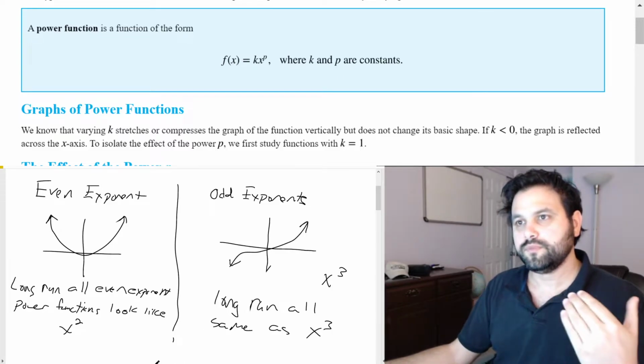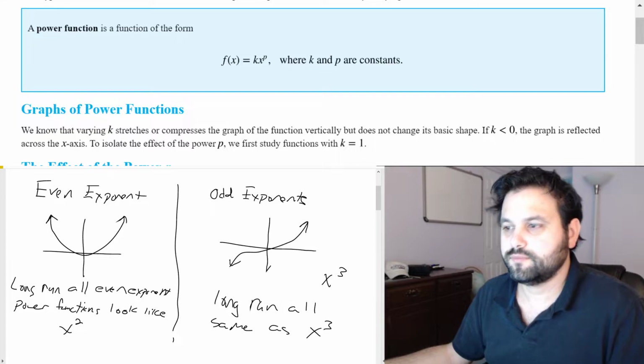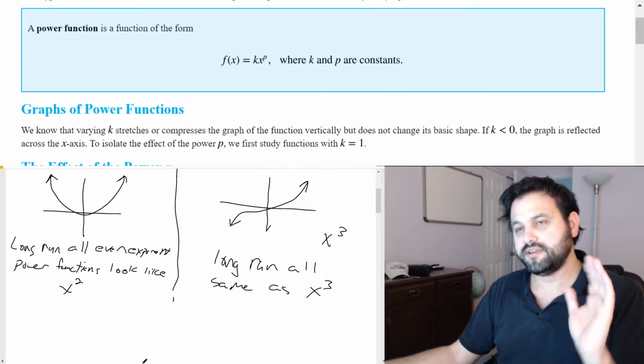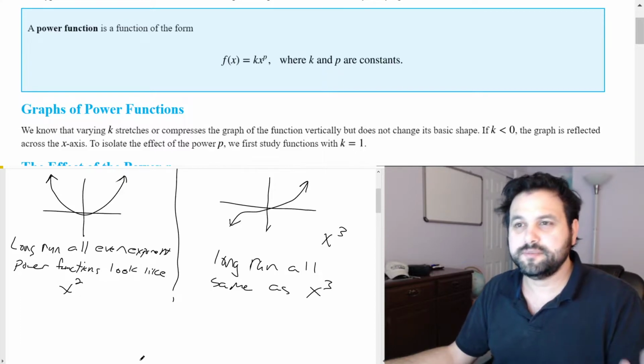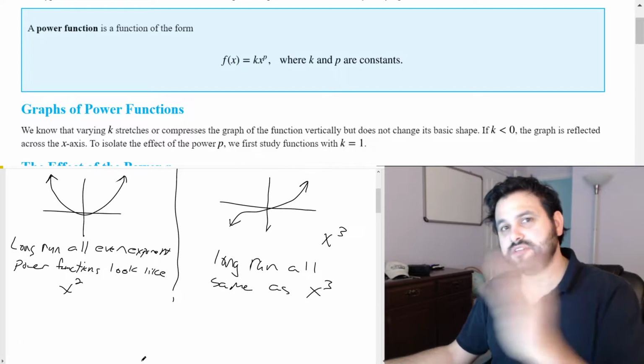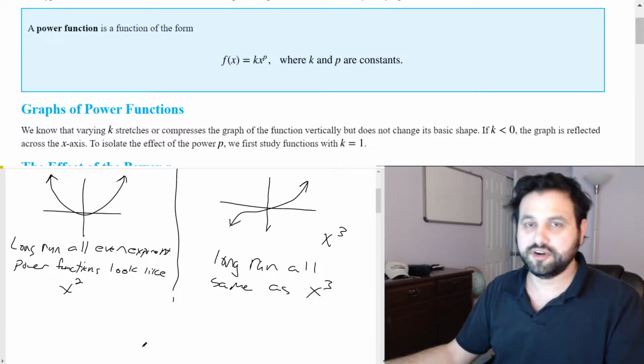So what do we mean by this? We're talking about end behavior. So remember, if we're talking about end behavior, we can talk about the limits. The limits as x approaches infinity, right? As x gets really, really big, what happens to the function?